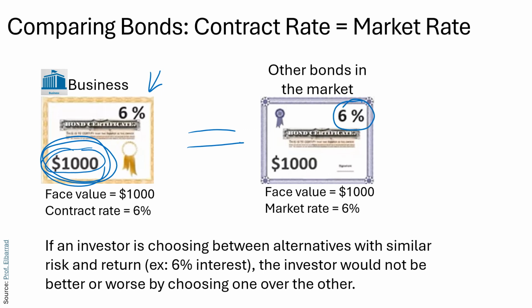So here, the contract rate and the market rate are equal. This is when we say that a bond is selling at face value, or selling at par.